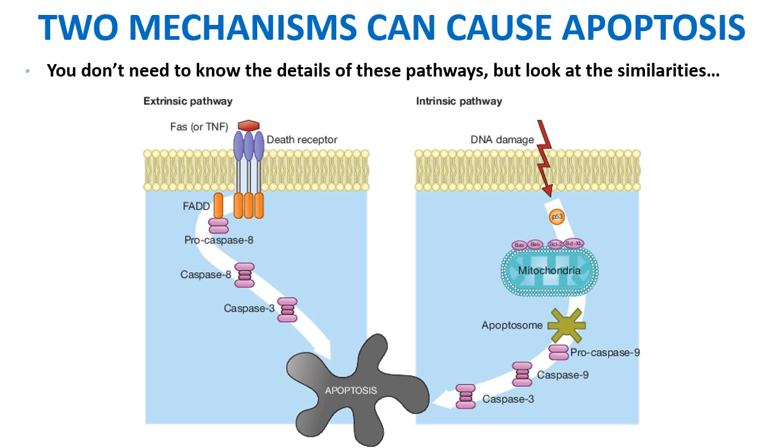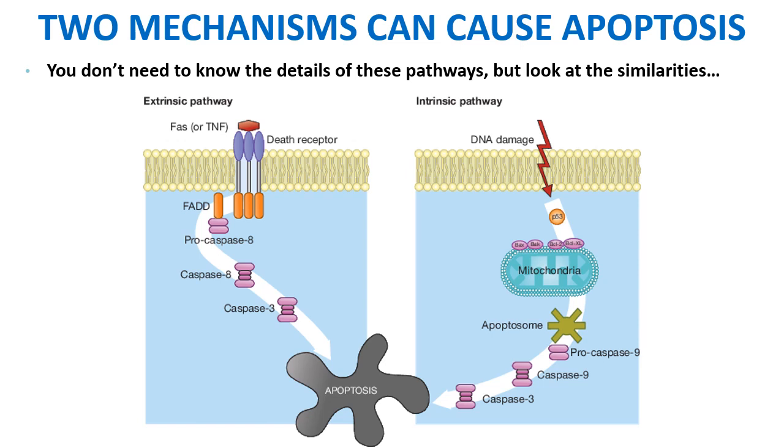Here's a whole lot more detail about the two methods. You don't need to memorize all these pathways, but it does give you an idea of how complex some of these processes can be. So most of these things are proteins that we can see. The whole point is, though, I just want you to compare the similarities.